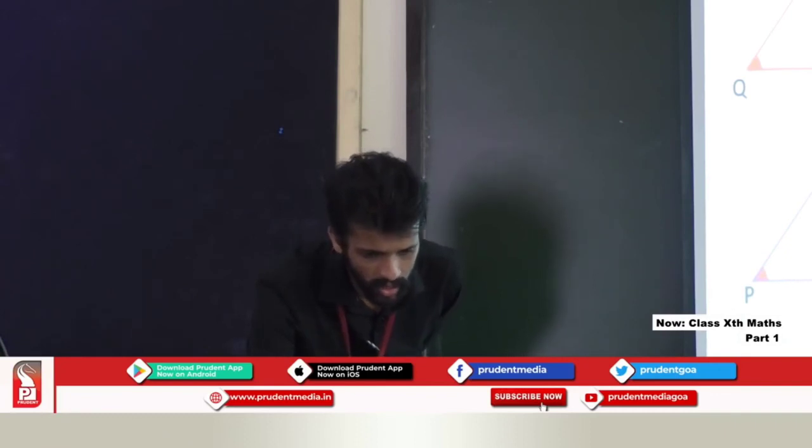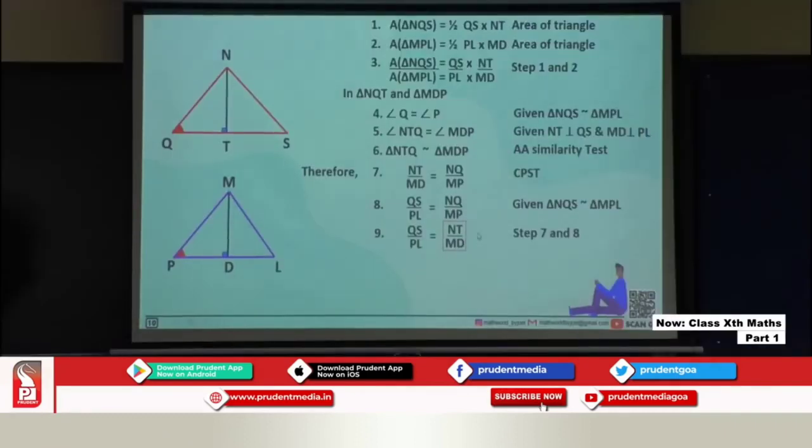Okay, next, look at this. NT upon MD is equal to something somewhere, right? And that is, look at step number 3 now. If you notice that there is NT upon MD over here, so instead of writing this, because NT upon MD is equal to QS upon PL, I can just replace NT upon MD with QS upon PL over here.